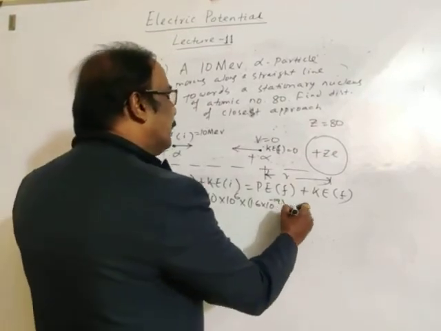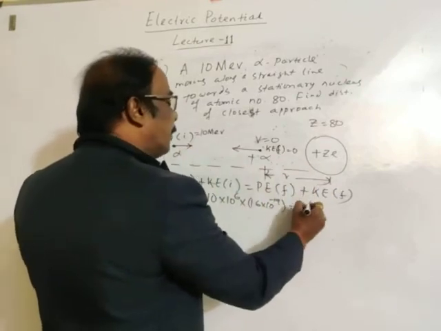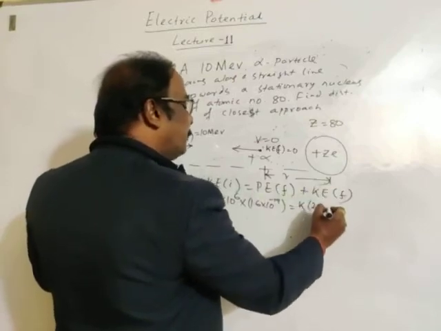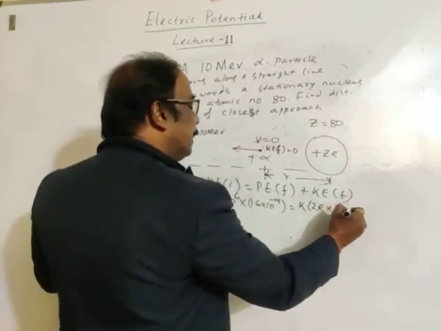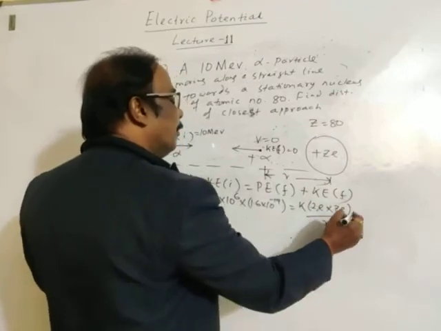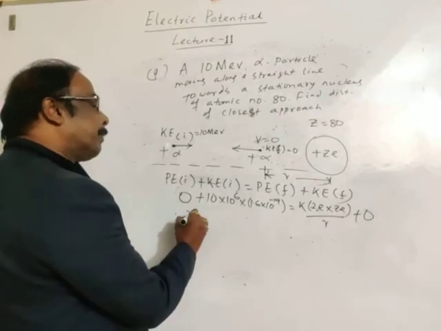Then potential energy final, K. Charge of alpha particle is 2e, charge of nucleus is Ze, K Q1 Q2 divided by distance r plus final kinetic energy is 0. Then we can solve for r.